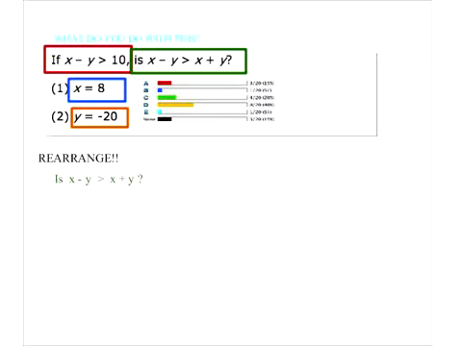So it's x equals 8, and x minus y is greater than 10. And then statement 2, you've got to do the same sort of thing. So statement 2 is y equals negative 20, and then adding in the red part, x minus y is greater than 10.